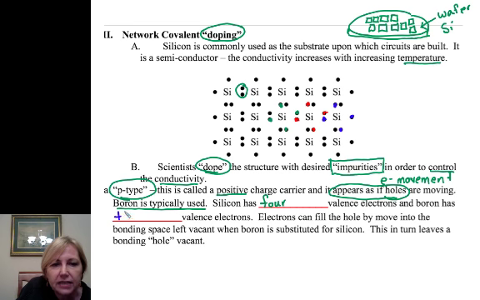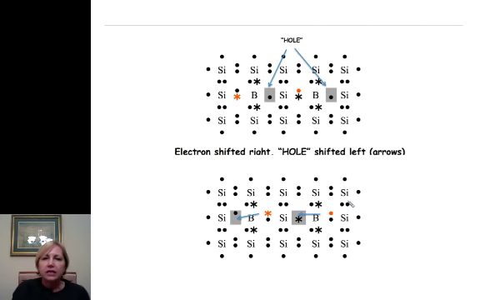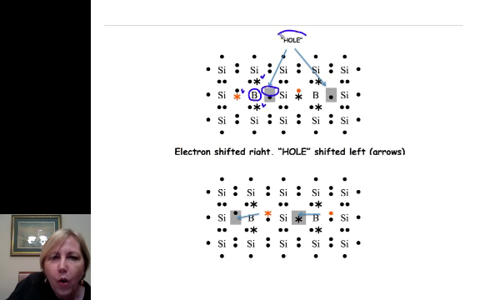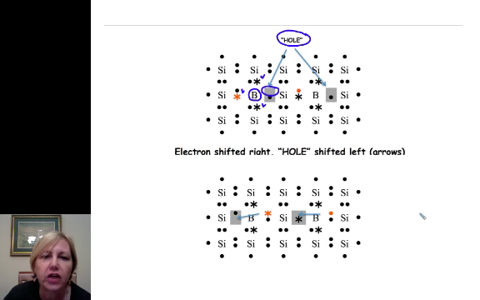But boron has only 3 valence electrons. All right, so let's look at the picture, and I hope that this statement will make more sense when we see the picture. So what we have here is if in place of a silicon we pop in a boron, boron only had 3 valence electrons. So that leaves a gap or a hole in the bonding structure that's missing an electron.